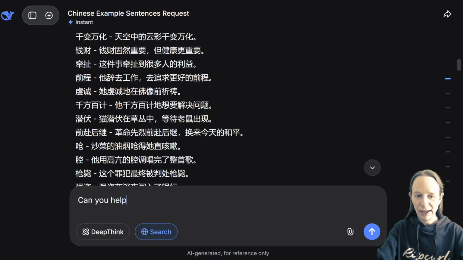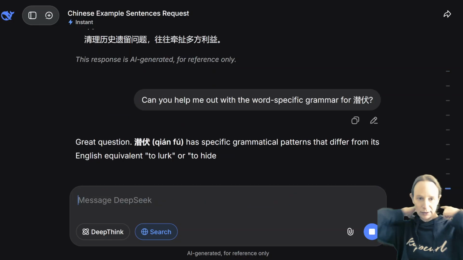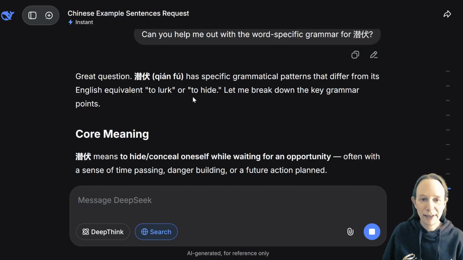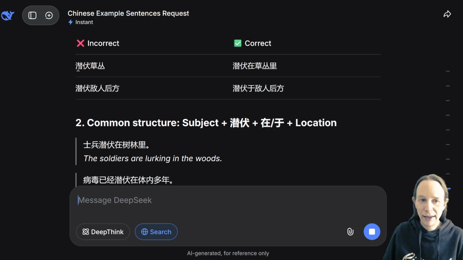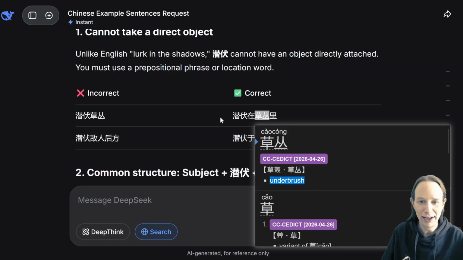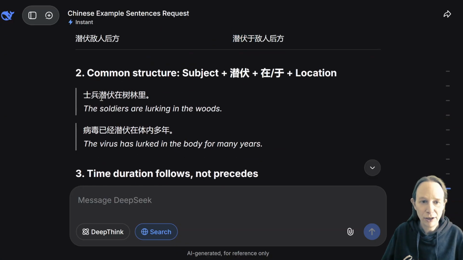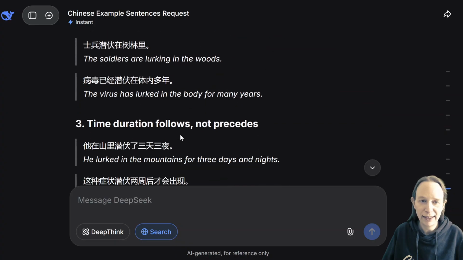Hi, can you help me out with the word-specific grammar for this one? Okay, so incorrect this, correct this. 音符在草丛中. This is like a shrubbery or something. Underbush. Okay. 潜伏敌人后方. Oh, that's incorrect. 潜伏于敌人后方. So sort of concealed, waiting in ambush. 士兵潜伏在树林里. 病毒已经潜伏在体内多年.